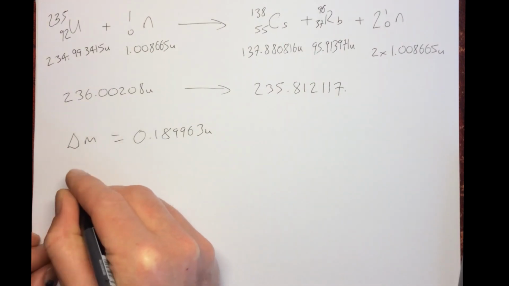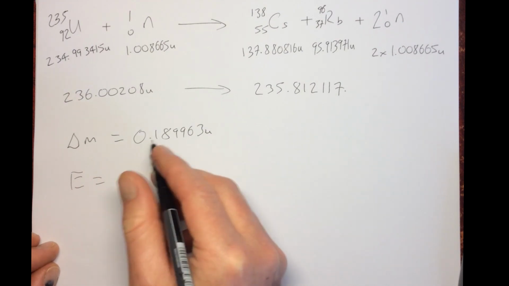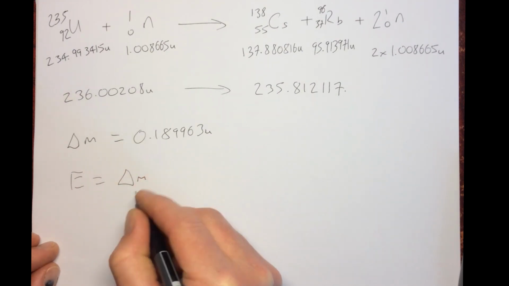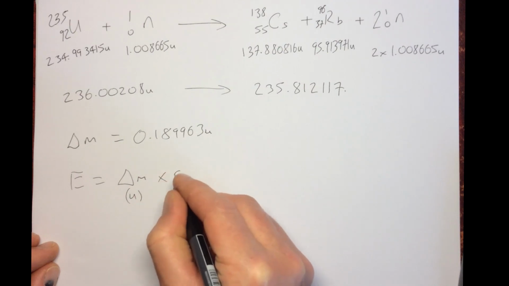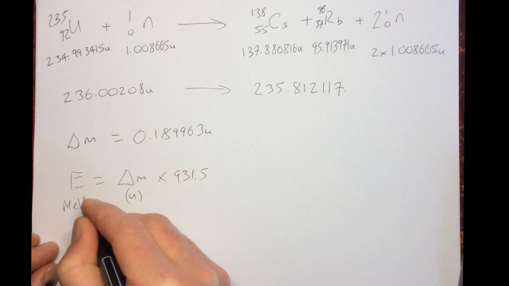Okay, so the energy we can calculate now. The energy is equal to the mass defect in unified atomic mass units multiplied by 931.5, and that's the energy in mega electron volts.